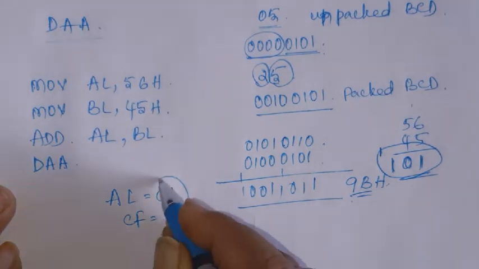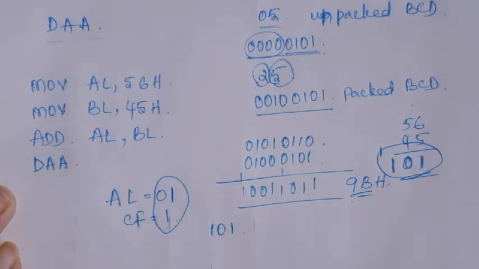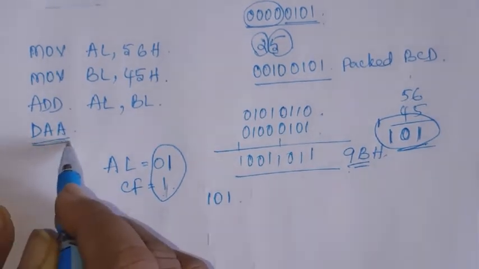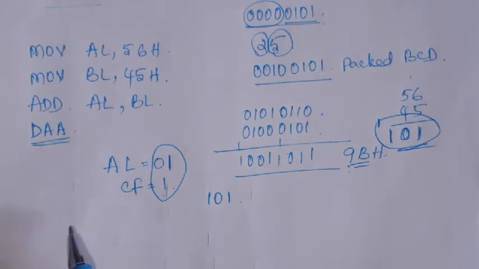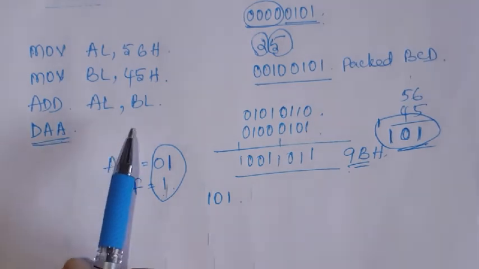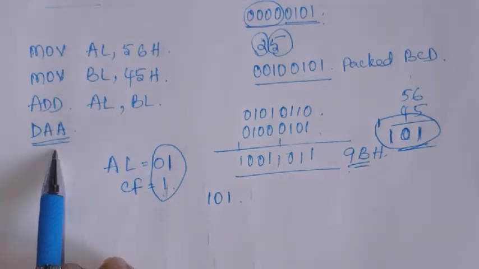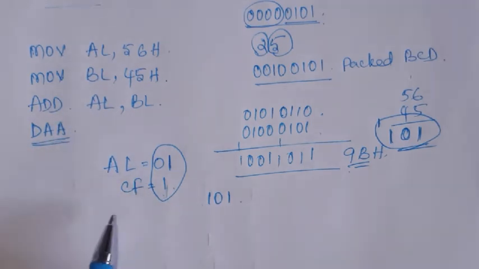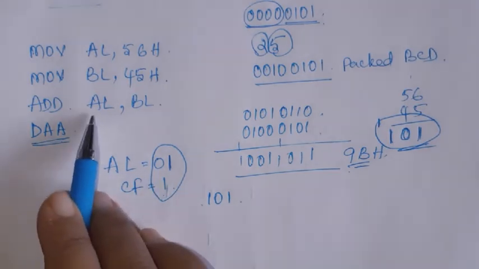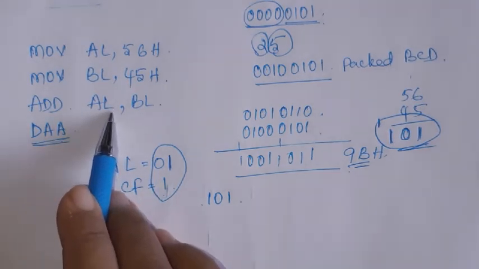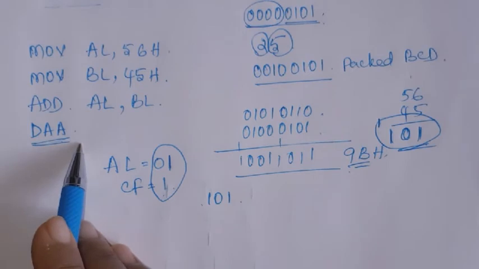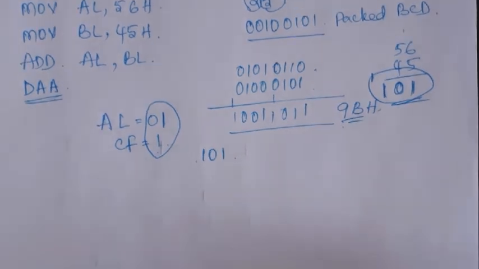So together it is decimal 101, which is the decimal equivalent. The DAA instruction will adjust the binary result in AL to its equivalent decimal result and keeps the result in the AL register. So this is about decimal adjust after addition.